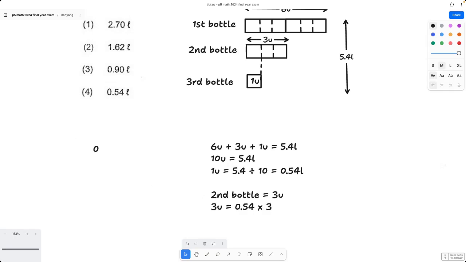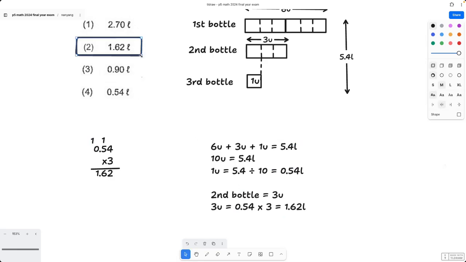Let's do the workings. 4 times 3 is 12, so we put the 1 on top. 5 times 3 is 15, plus 1 is 16. And then the decimal point, so we get 1.62. So the answer to this is 1.62 liters, option number 2.